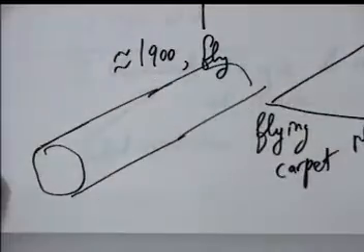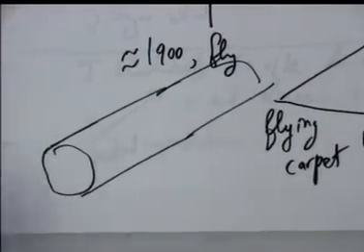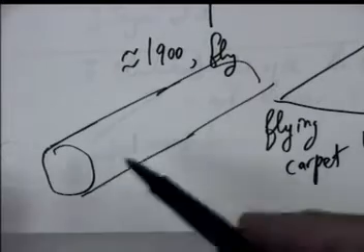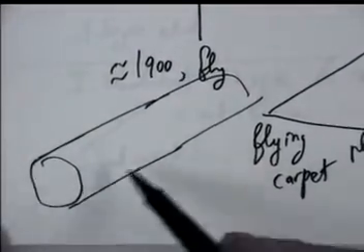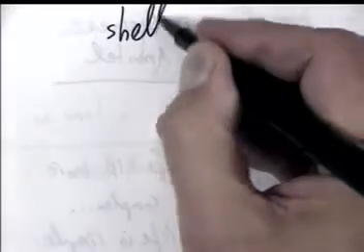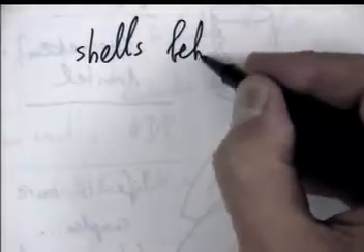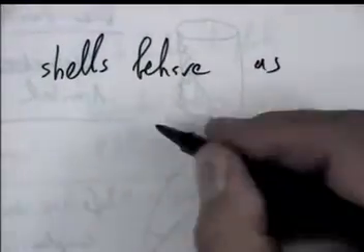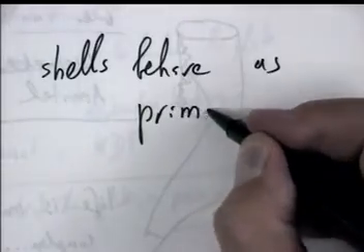cosmonauts, astronauts, and taikonauts. That is a new term in Chinese, taikonaut, which means space. That is what Chinese call their astronauts. They need some shells. Now, these shells, as some professor said recently, behave as prima donnas.